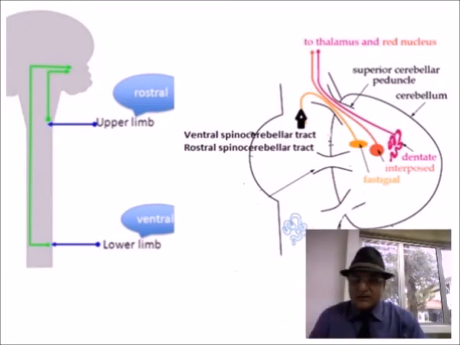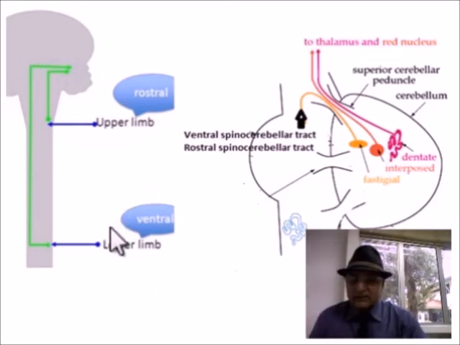Now that was about the dorsal spinocerebellar tract and cuneo-cerebellar tract. Now we come to the anterior spinocerebellar tract and rostral spinocerebellar tract.